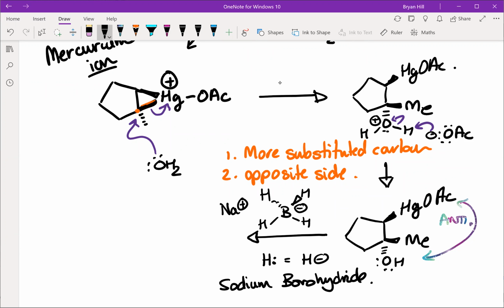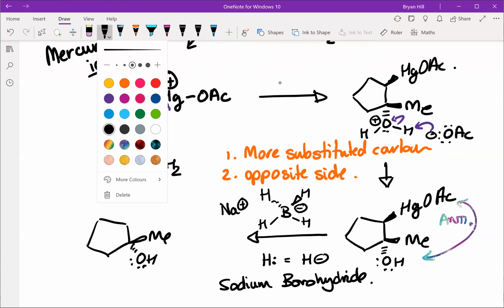And after we do this, the reaction is... I'm going to draw this mechanism in the following way.